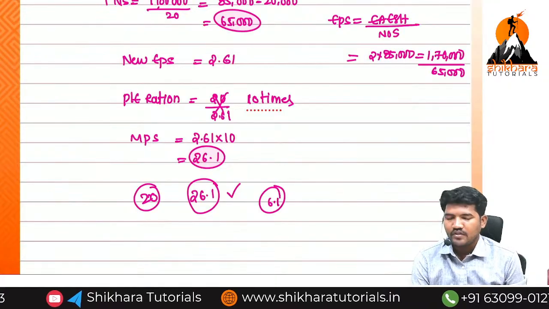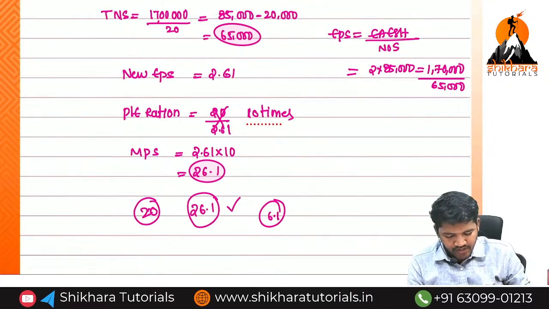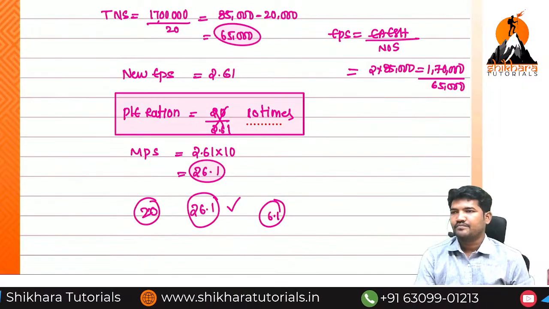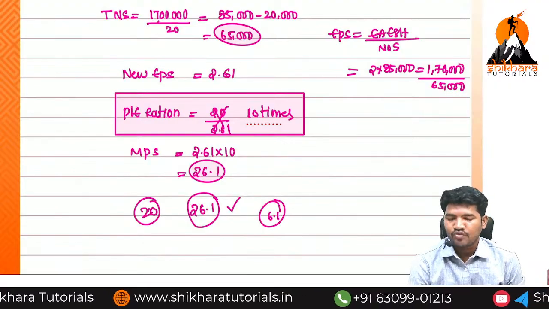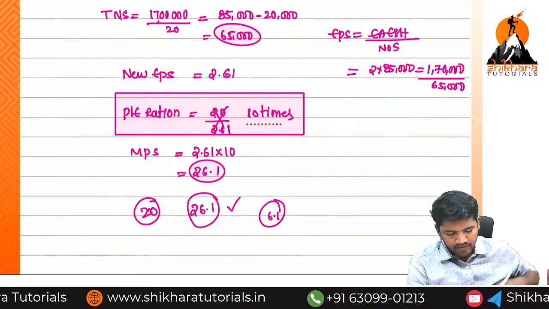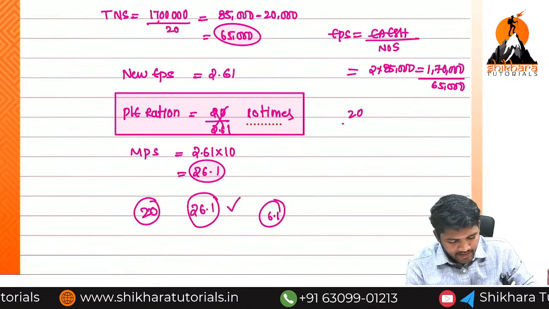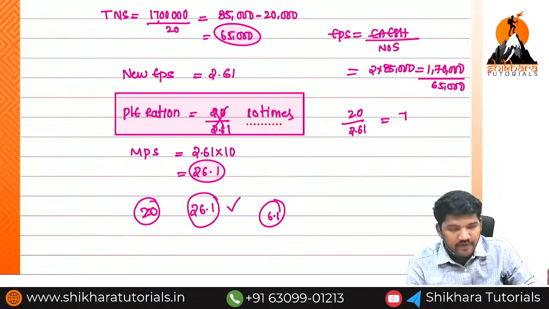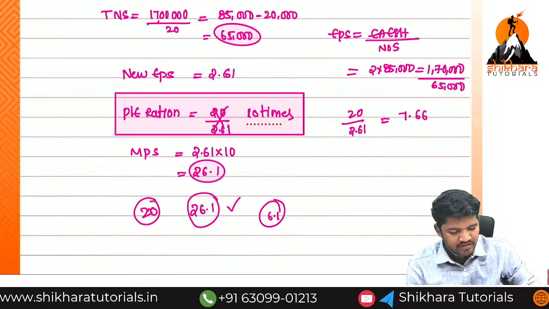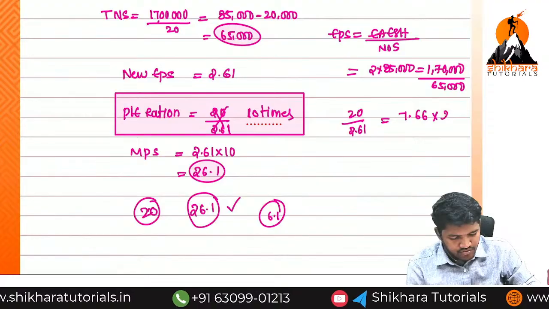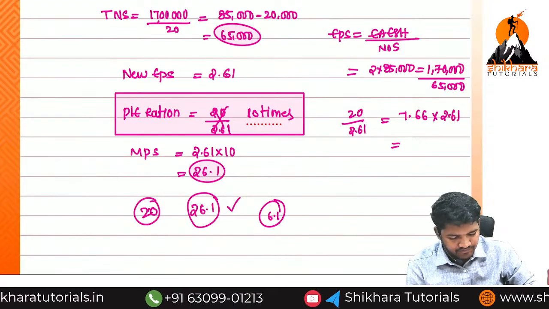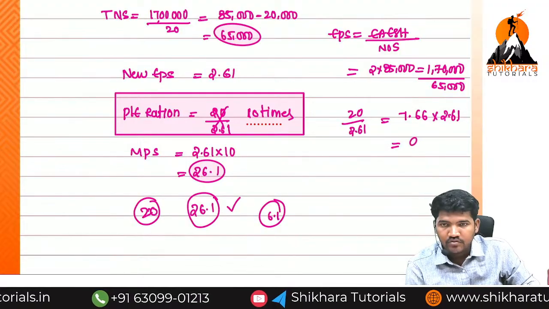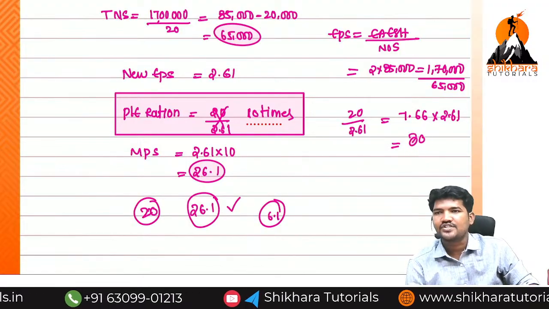Now the point you have to understand here is that we are not calculating the PE ratio; we are taking an assumption. If we don't take any assumption, how do we calculate? 20 divided by 2.61. What is our new PE ratio? 7.66. Then 7.66 into new EPS 2.61 gives MPS of 20 rupees, and I can't take a decision.